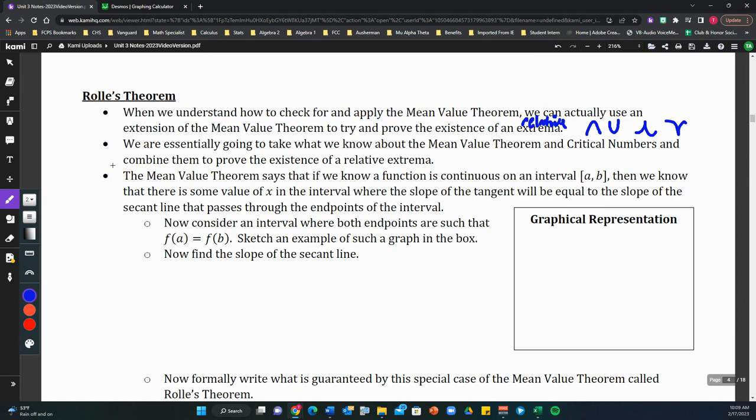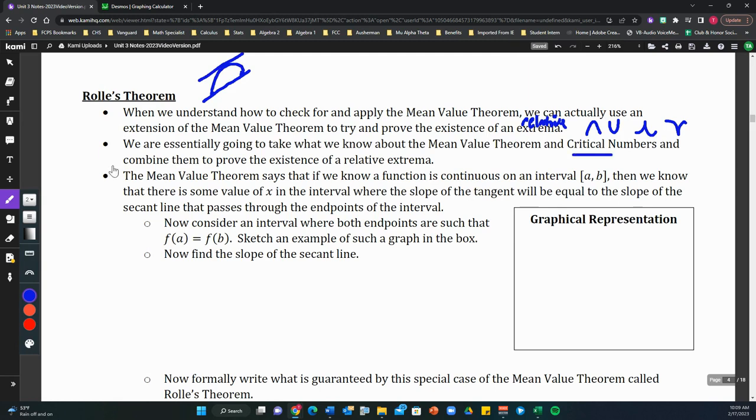Again, what the mean value theorem said is if the function is continuous and differentiable on an interval, then whatever the average rate of change through the endpoints is equal to, the slope of the secant line, it guarantees that somewhere in that interval, the tangent line will match its slope and be parallel to the secant line through the endpoints.